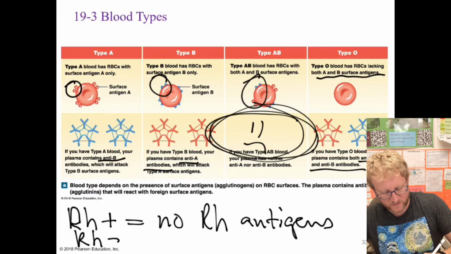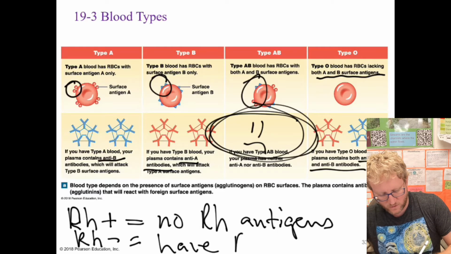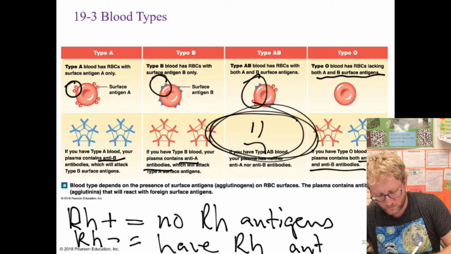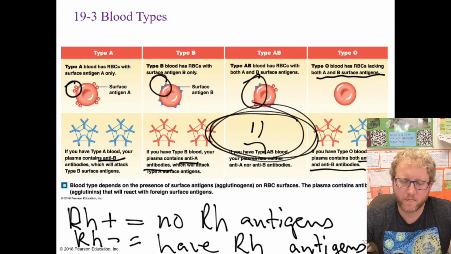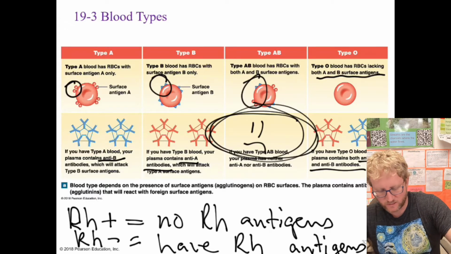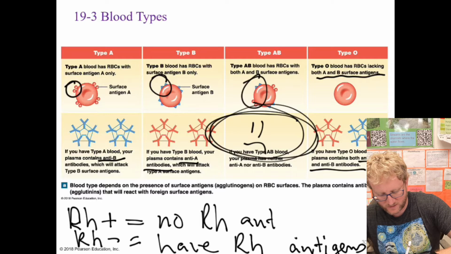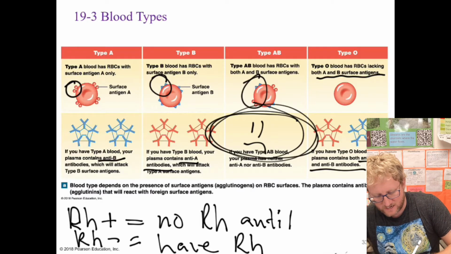Rh negative is going to have Rh antibodies, because the cells that it's trying to protect have no antigens on them. And I just realized I need to fix something real quick because I wrote that wrong. So let me go back and fix that real quick. Its antibodies are floating around.